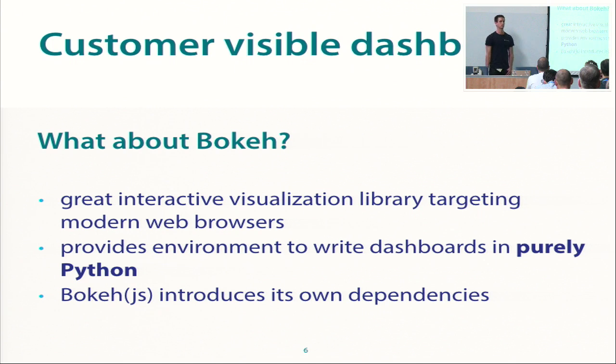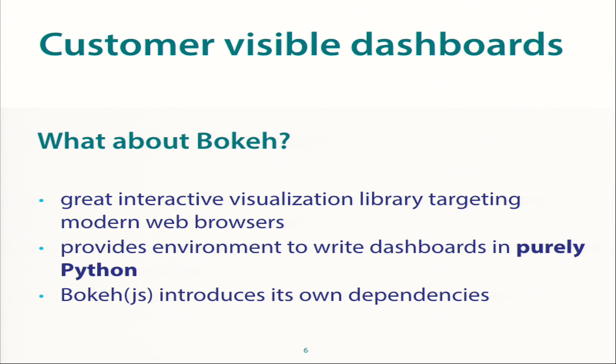Bokeh is a really nice visualization library and already targets modern web browsers. So that seemed like a really good fit. We already use Python, and in Bokeh you also define everything as Python objects and so on. So you can get started really fast.